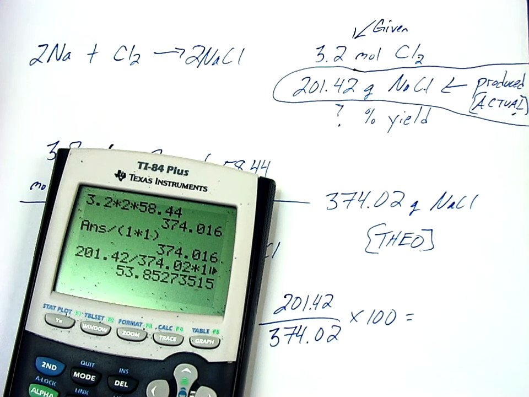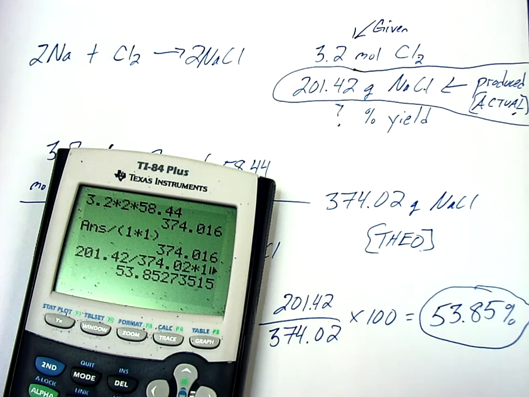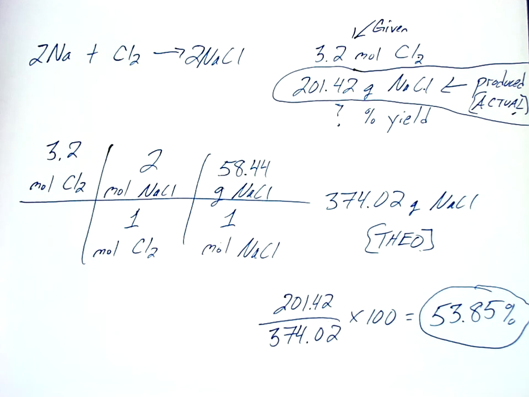And I get 53.85%. Which means they did a terrible job because they only got a little above half of what they were supposed to.